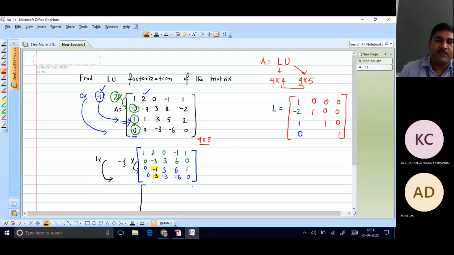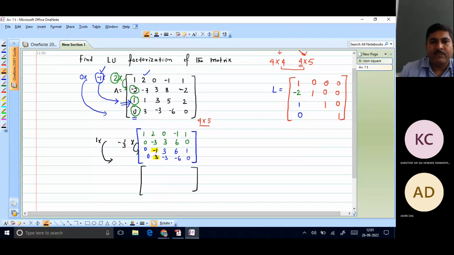So I can see here that what I am going to get, say 1, 2, 0, -1, 1, 0, -3, 3, 6, 0, and then 0, it is 0, minus minus plus 3 and 1 by 3 is 1, 1 minus 1, 0, and 3 getting cancelled, -1 plus 3 is 2, and then -2 plus 6 is 4.